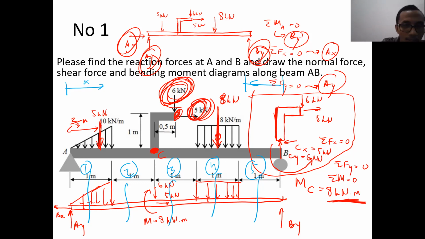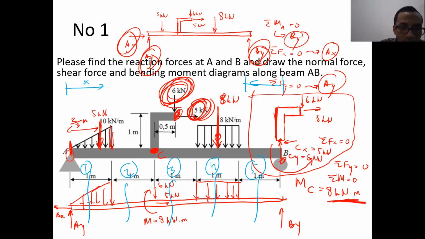So for example, if we have a continuous force like this, there will be no discontinuity in the middle of the continuous force. We can see that the discontinuity happens here because of the concentrated force at A. At B as well, there will be a discontinuity because of the concentrated force at B. Then here, there is a discontinuity because previously there was a distributed force, then suddenly it disappeared.